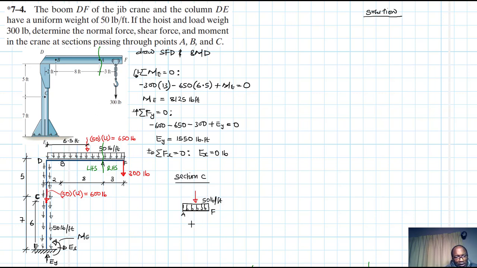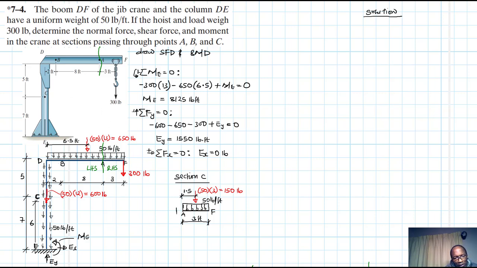The length of this part is 3 feet. Therefore, the equivalent force itself is just going to be the area under the load diagram, which is the intensity 50 times 3. This therefore gives us 150 pounds. And it's going to be acting at half the length of this section, which is just 1.5.